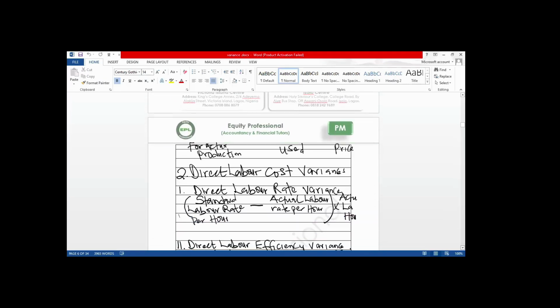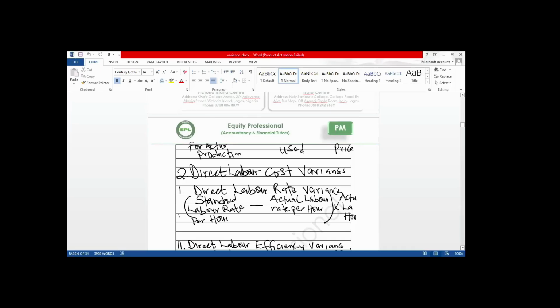Direct labor cost variance, where actual labor cost is different from budgeted labor cost. This occurs where actual labor cost is different from budgeted labor cost.